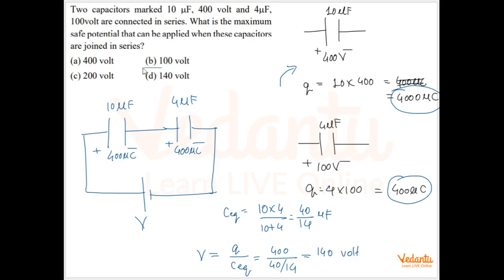So option D will be the correct answer, my dear bachcha. If I keep V equal to 140 volts, both of them will still be safe. If I increase it more than this, the 4 microfarad capacitor beta will break down.